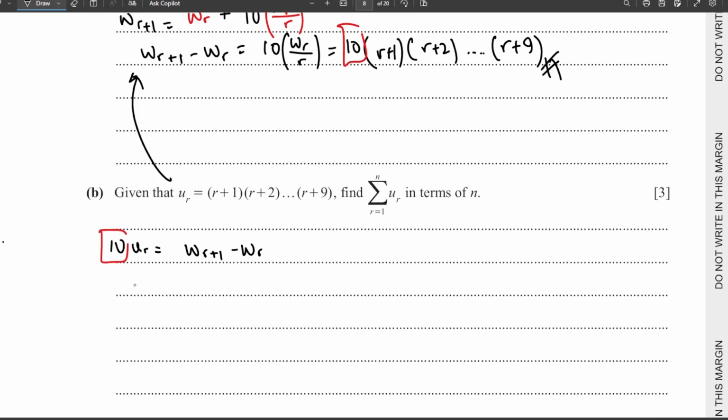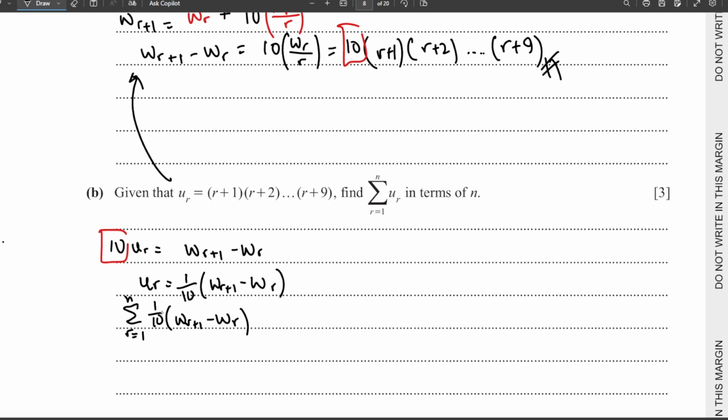You are going to isolate it to become 1 over 10 times W_(r+1) minus W_r. Now we take the sum from r equals 1 to n of 1 over 10 times W_(r+1) minus W_r.